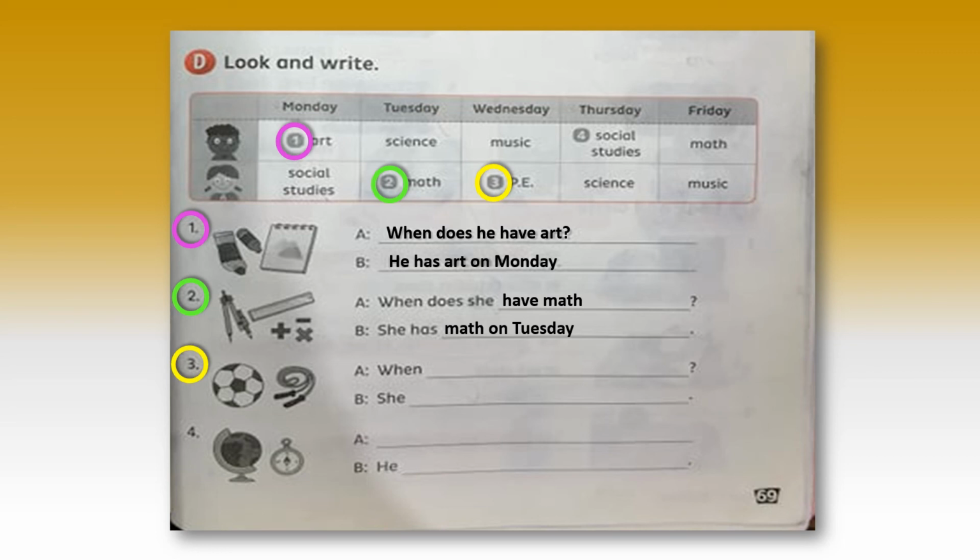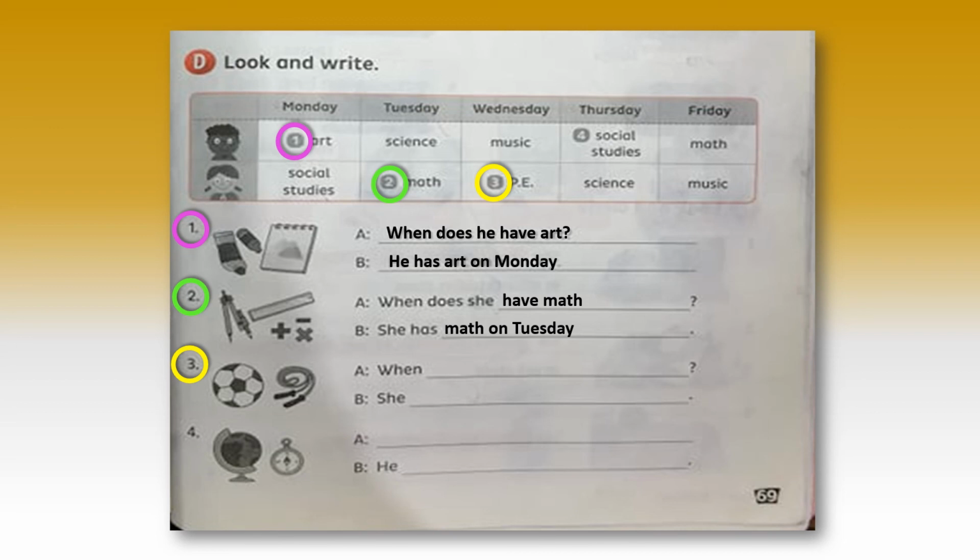Number 3, you can see a football and a jump rope, a skipping rope. If we look at number 3 in the calendar, it's a subject PE. It's on a Wednesday, and we can see it is for the girl. If you look at the answer word they give you for number 3, you can see it says she. Can you see that for part B?